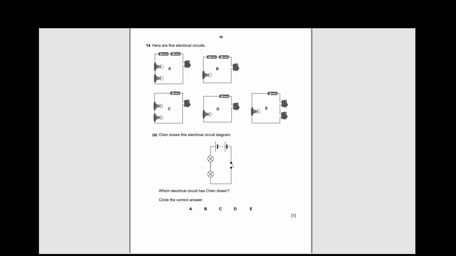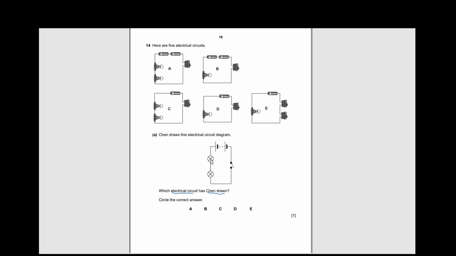Here are five electrical circuits: A, B, C, D and E. Chan draws this electrical circuit diagram. Which electrical circuit has Chan drawn? We can see this one is in series.